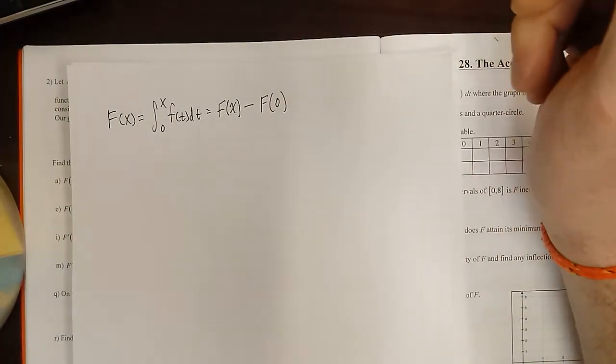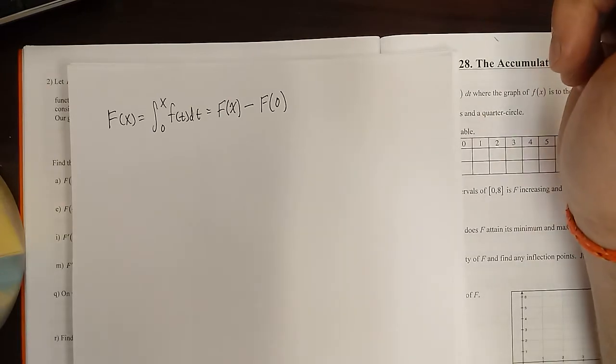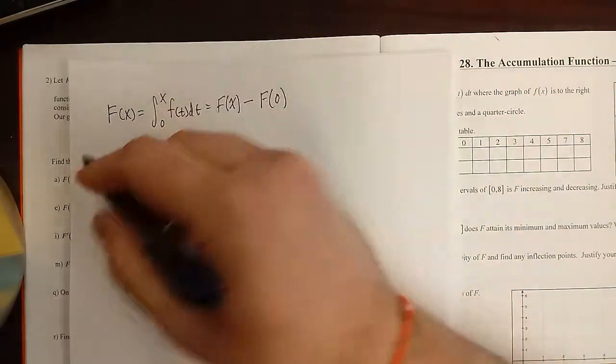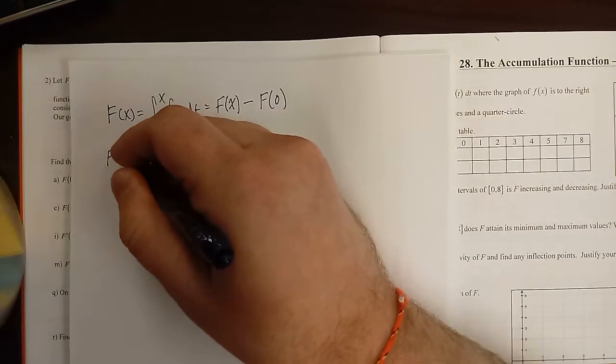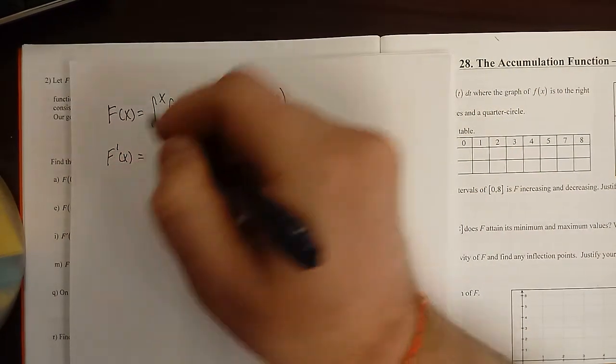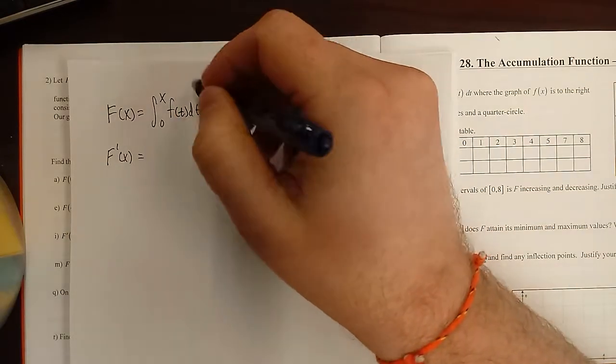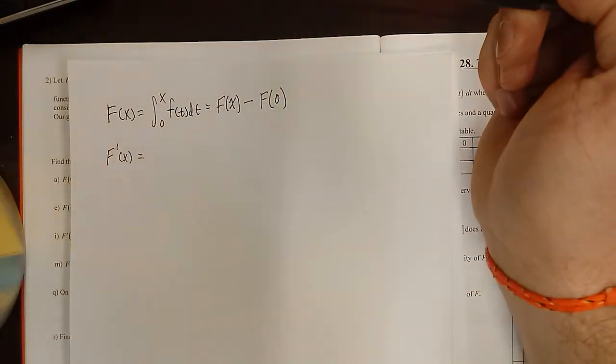And so if I do that and I think about this, well, what's F prime of x equal to? It's going to be equal to the derivative of this.